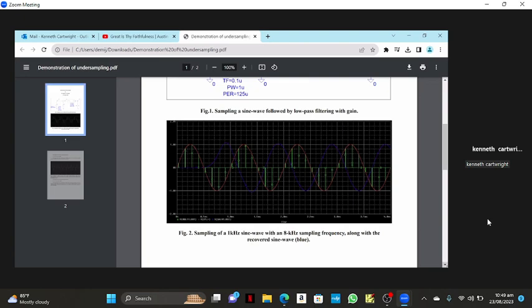What's the green? The green is my sampled signal. Is the green a digital signal? Yes, sir. What are the two properties of a digital signal?